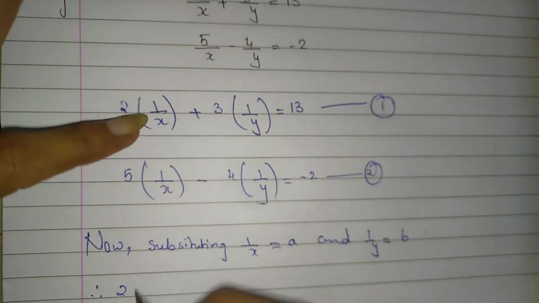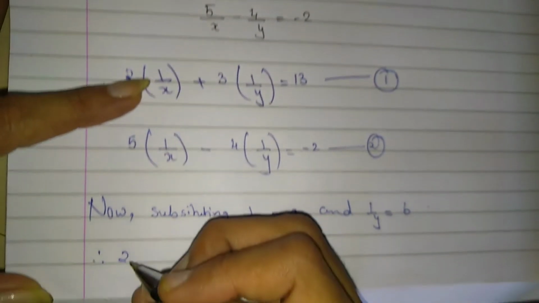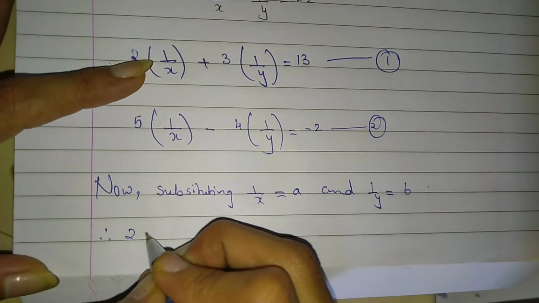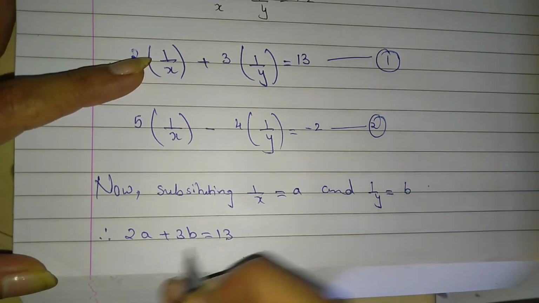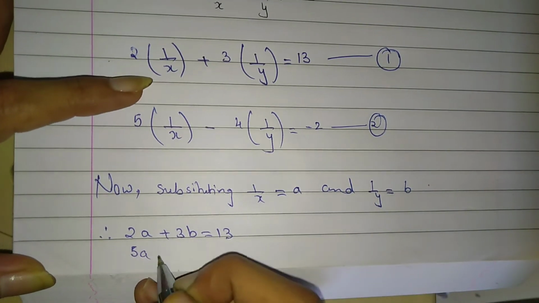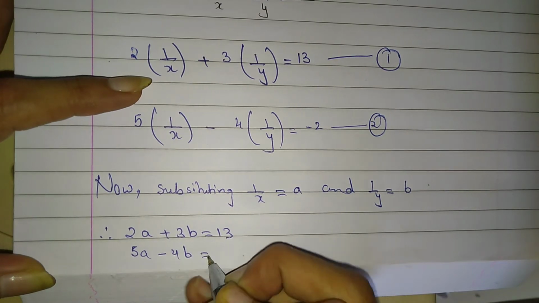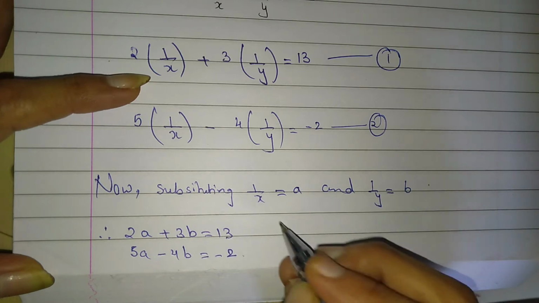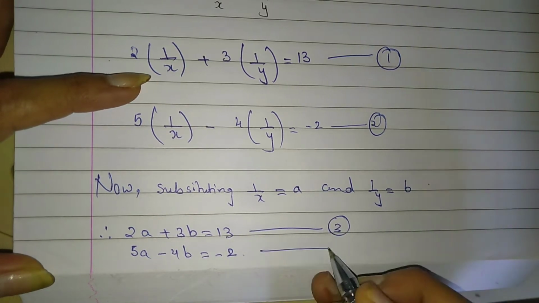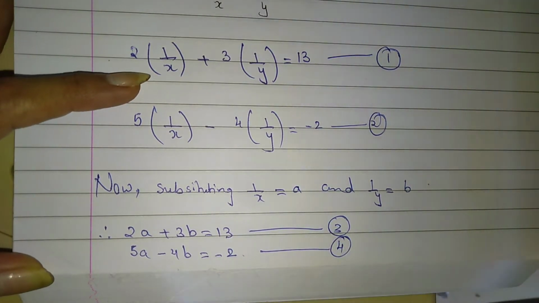So the first equation is 2a plus 3b equal to 13, and 5a minus 4b equal to minus 2. Got both equations? Give these equation 3 and equation 4.